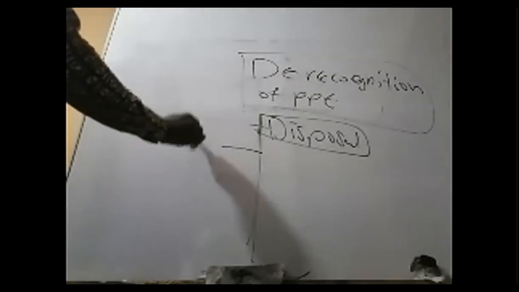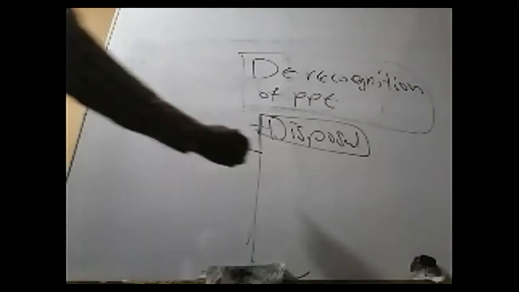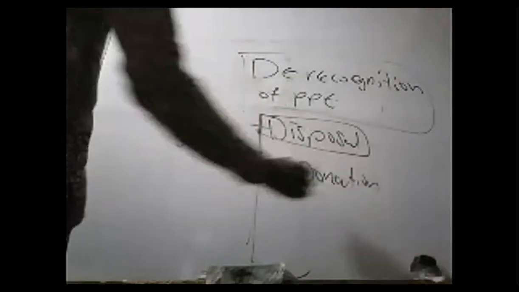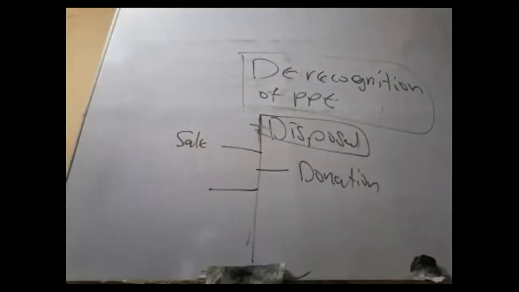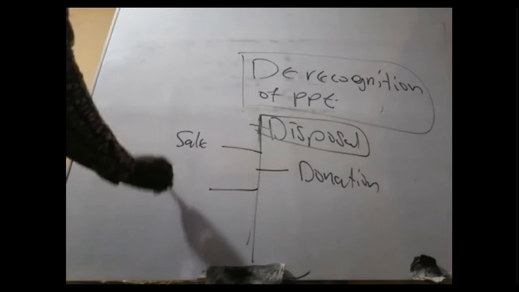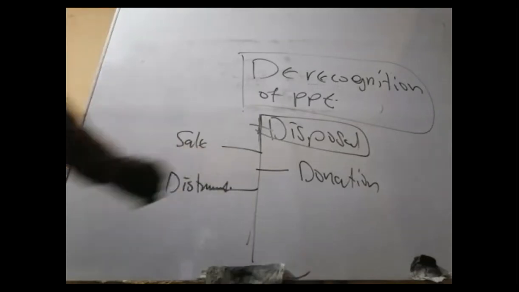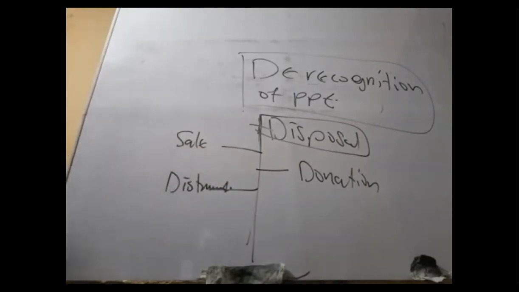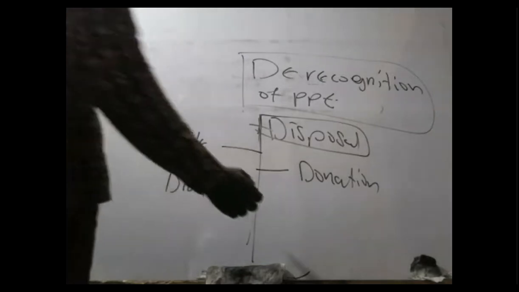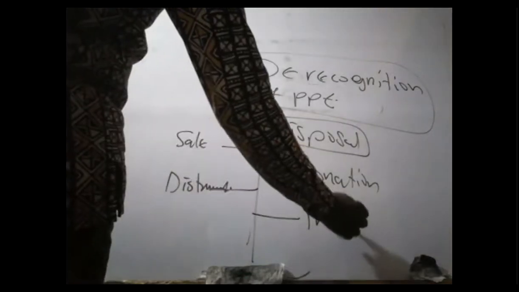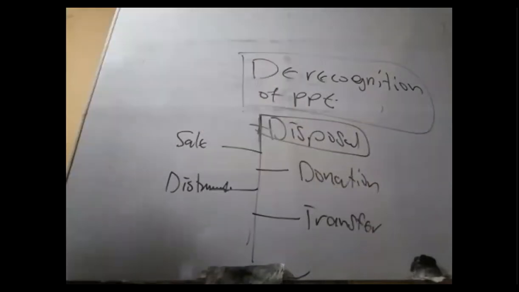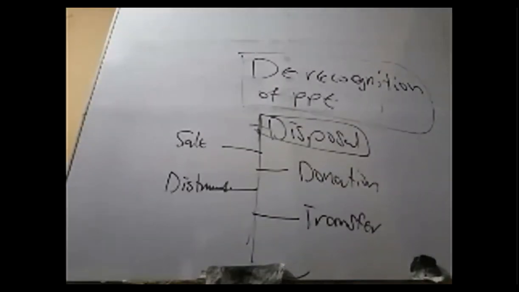Disposal by donation. Disposal by destruction, by dumping. Some of the assets, no one wants them, cheap value, so definitely you have to dump them somewhere. We also have disposal by transfer, as in leases.